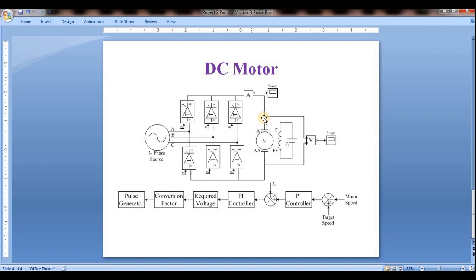So I have to maintain the constant torque because I can't change my weight according to my speed. Only the speed has to be changed with respect to torque.